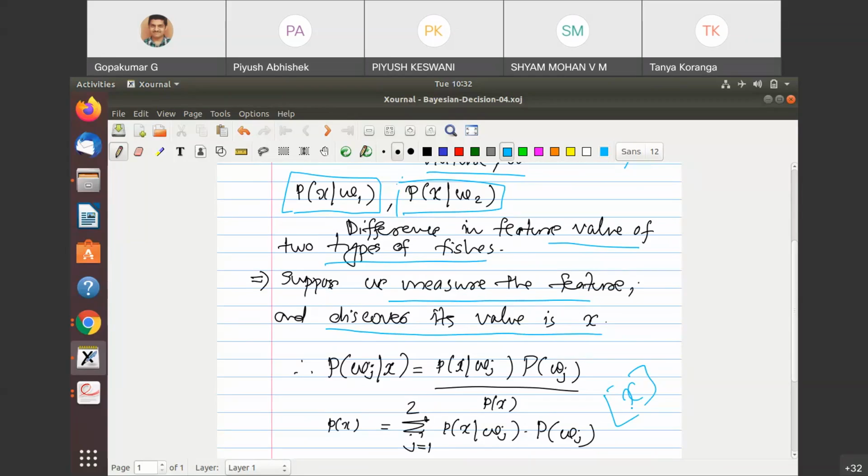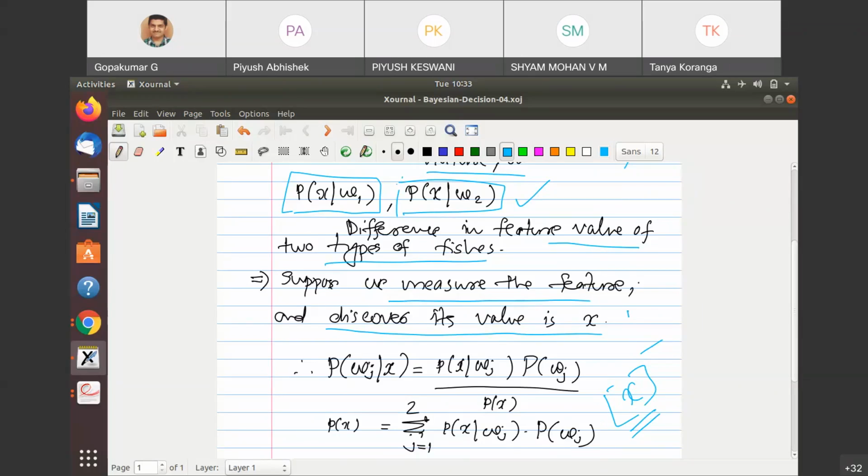Say the length of the fish, whatever it is, or maybe a combination of two or three features. So that means we know that particular value, and we know the prior probability also. Now assume that we have found out the class conditional probability also, based on the state of nature.